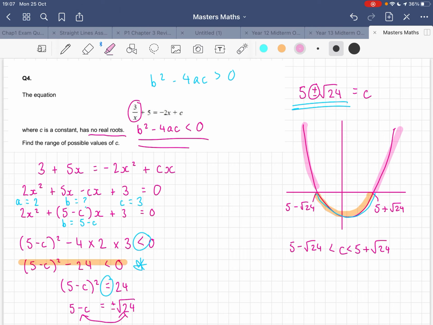And so the inequality would look slightly different. We'd be looking at values where C has to be less than 5 minus root 24 or greater than 5 plus root 24, instead of between the two values. Oh, I haven't got enough room to write 24 in there, but you know what I mean.